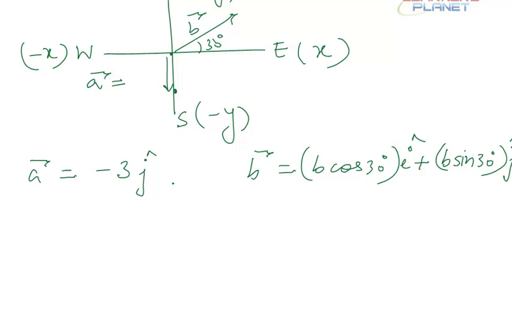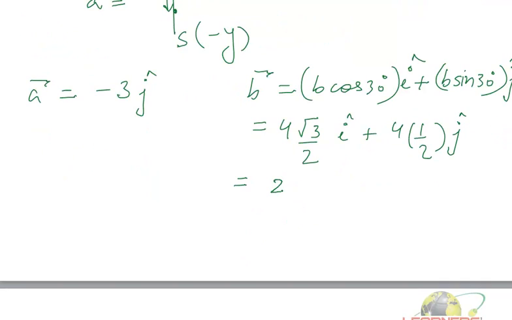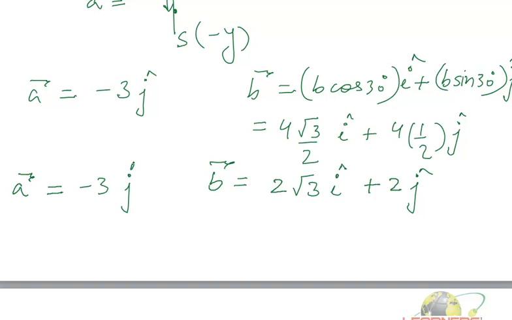What is the magnitude of B? It is 4. Cos 30 is root 3 by 2, this is i cap, and plus 4 sin 30 is half j cap. So we will get 2 root 3 i cap plus 2 j cap. This is vector B and this is vector A, minus 3 j cap.